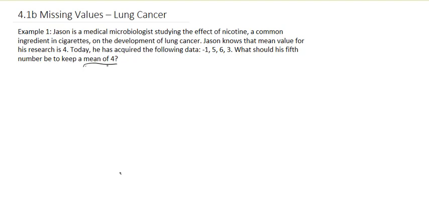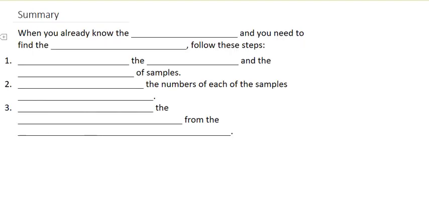So, we already know what mean means. So we need to find the missing value. So we're going to follow some steps. When you already know the mean, and you need to find the missing value, follow these steps.